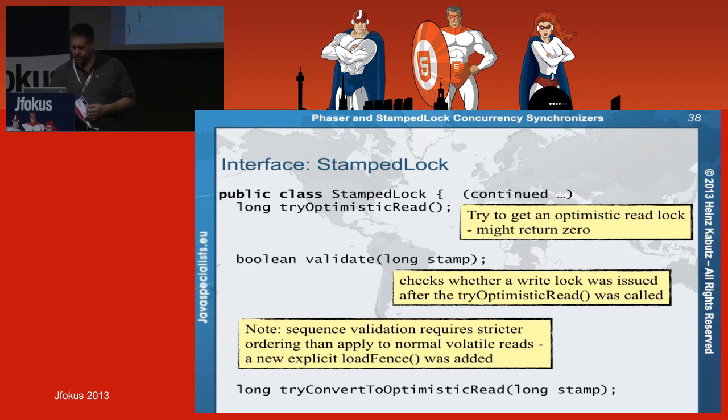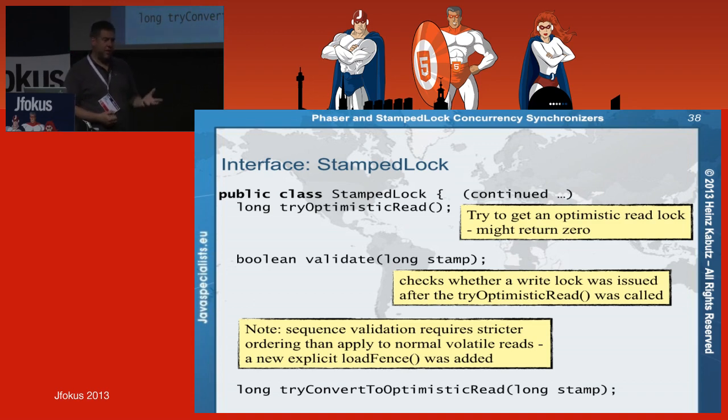All right. So, optimistics. Now, with optimistics, we've got a method called tryOptimisticRead, which returns a long. And then another method which is called validate. What validate does is it validates that no exclusive lock has been granted since the call to tryOptimisticRead.